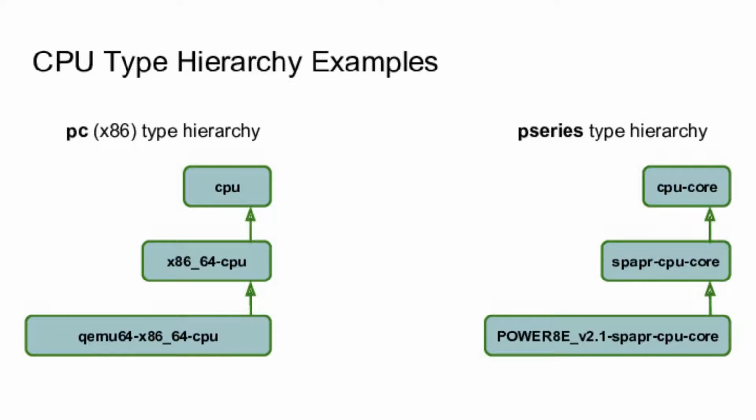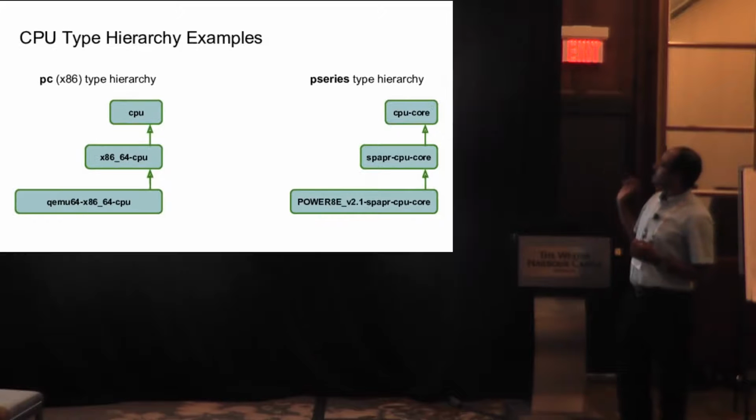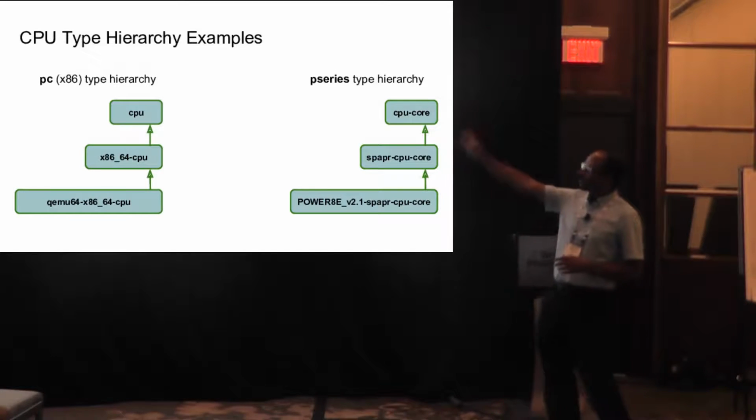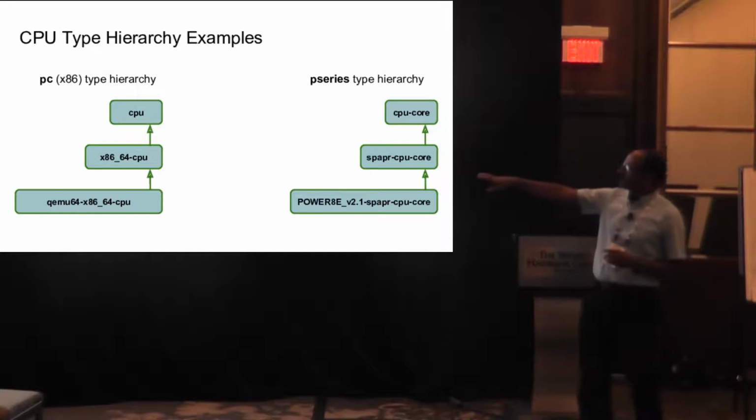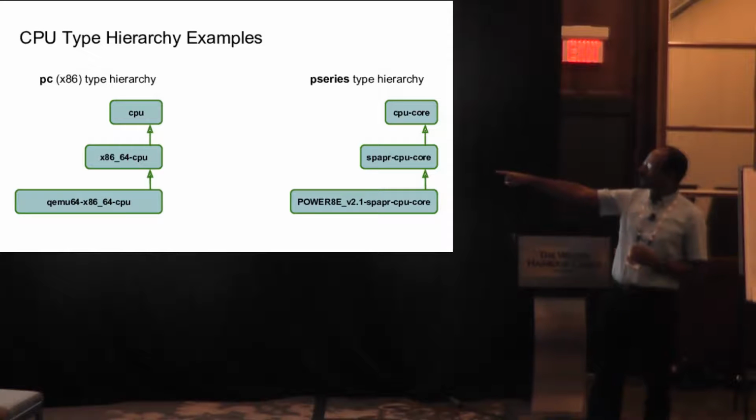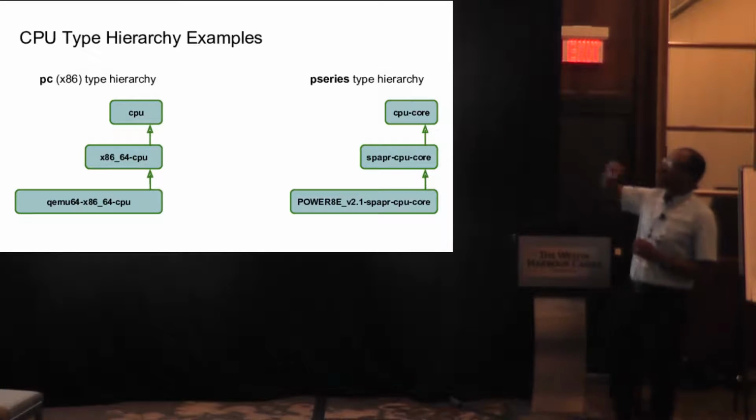So this is the example comparison of the CPU type hierarchy in x86 as well as pSeries with this new CPU hotplug model. There you can see it's all threads. Here it's all cores. The bottommost part is the actual hotpluggable unit, that is the model specific CPU, which is inherited from x86_64 CPU, which is again inherited from the generic CPU type.